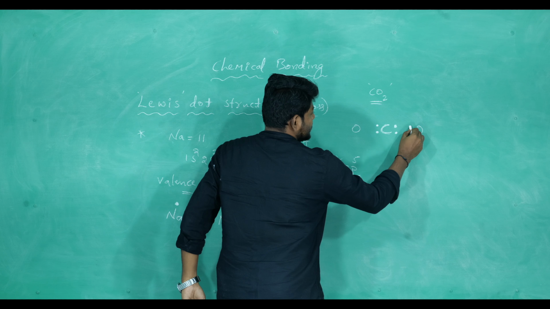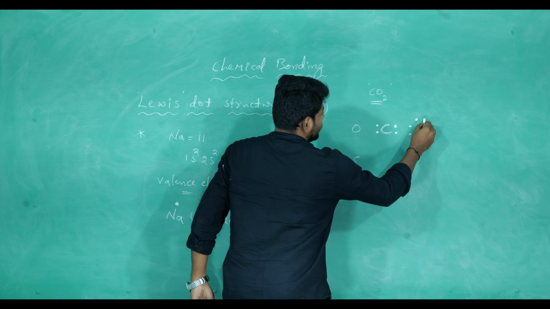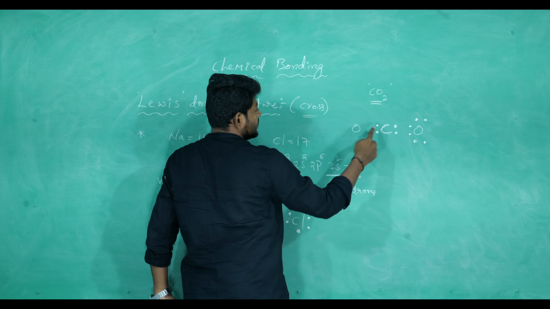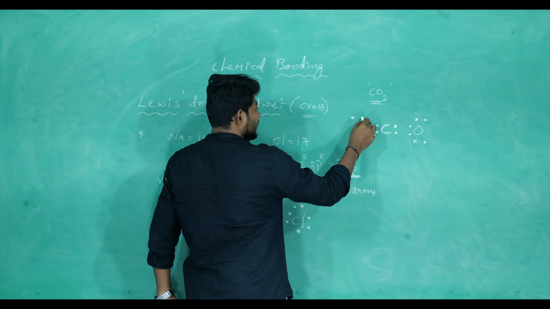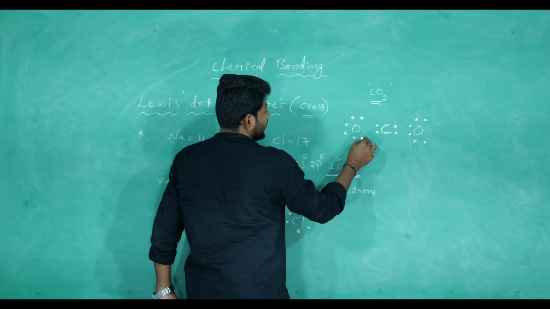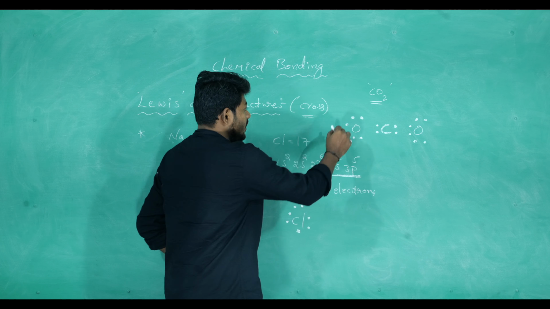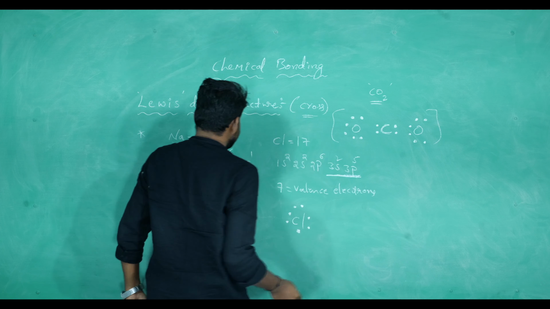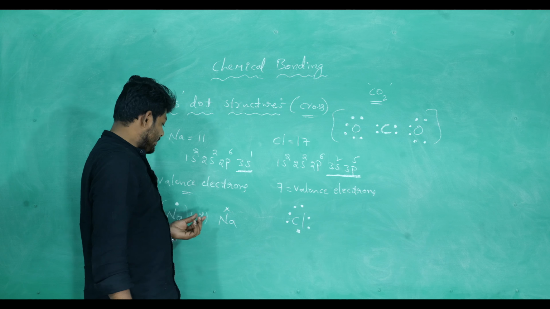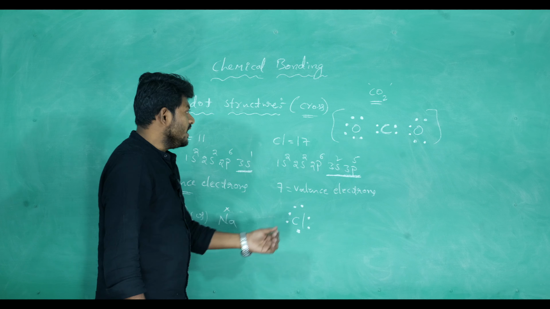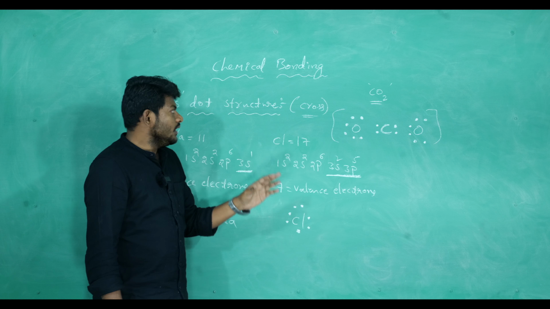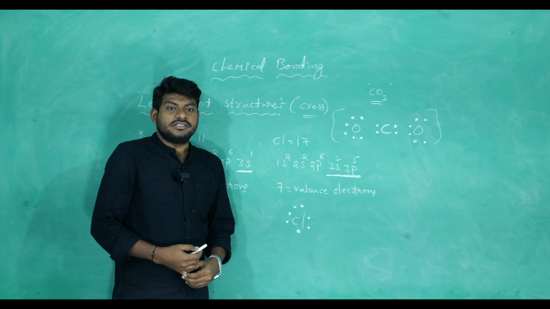We present them like this: 1, 2, 3, 4, 5, 6. This other oxygen is the same and also contains 6 valence electrons, represented as 1, 2, 3, 4, 5, 6. This is the molecule's Lewis representation. For elements, we represent Lewis dots like this, and for molecules like this. This is the Lewis dot structure representation.